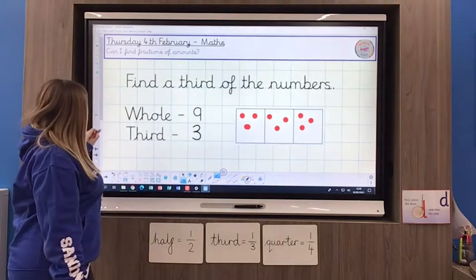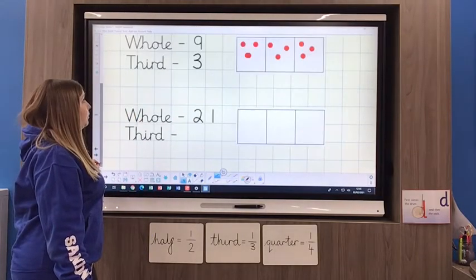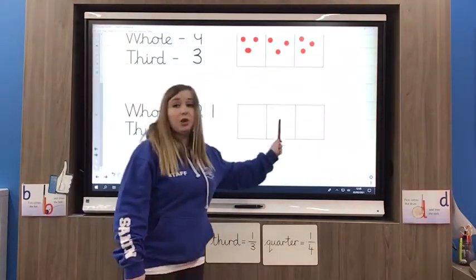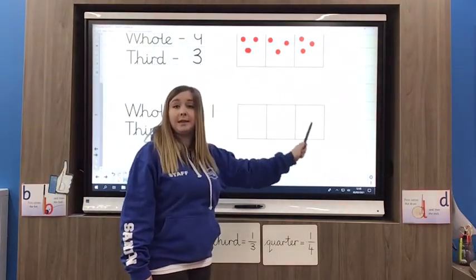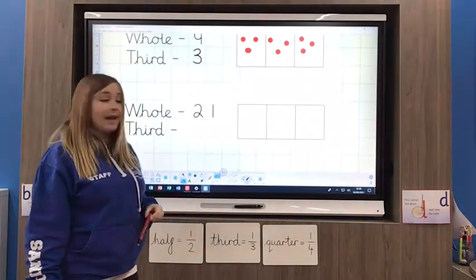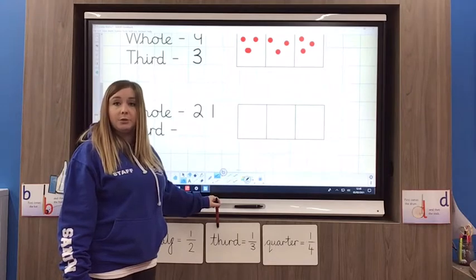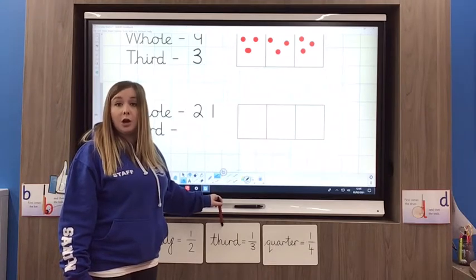But remember, when our numbers get a little bit bigger, it takes too long to do this. So we can use our times tables, can't we? And what times tables are we going to be using? We're going to use our 3s.